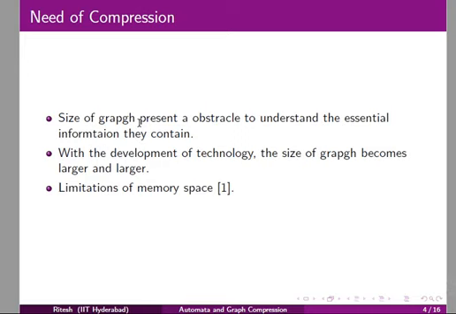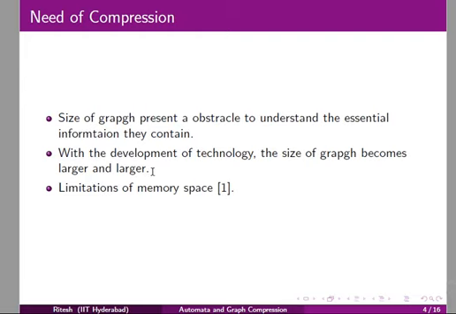So why do we need to compress this? Because a graph can be very bulky in size. When we want to traverse some essential information, we have to traverse the entire thing. After compression, we traverse a smaller amount of path, and with the help of that we can easily traverse our data.